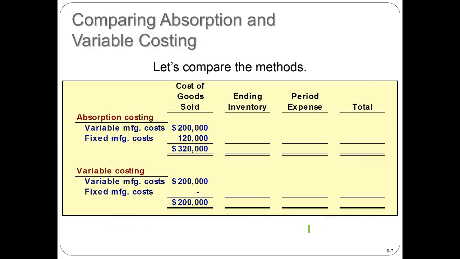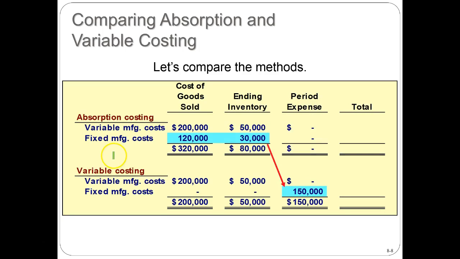So if we were going to try to reconcile these two, we got the absorption and the variable costing. Let's compare the two. Under the absorption costing, we have included in cost of goods sold and ending inventory the fixed costs of manufactured, because remember, we're trying to include that in the costs of our inventory, the cost of inventory that is either sold or still in ending inventory, as compared to the variable costing method where we're not including that fixed cost in the cost of goods sold or the ending inventory, meaning it's not included in the cost of our production.